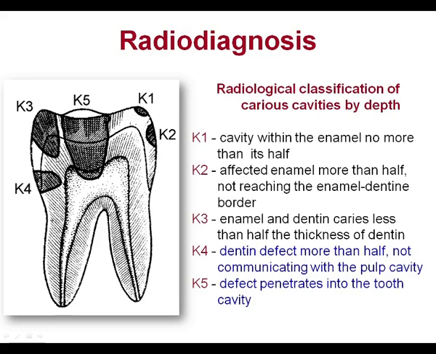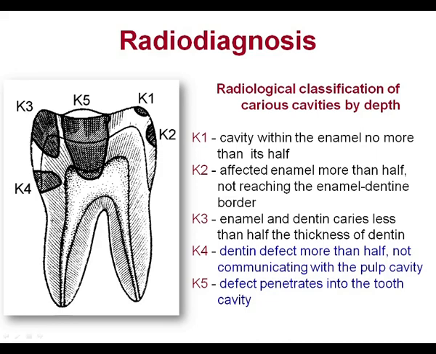K3 is in enamel and indenting till its half. K4 is in the deep layers of dentin, more than half, and K5 is deeply indenting and penetrates into the pulp chamber. K4 is characteristic of the acute form.